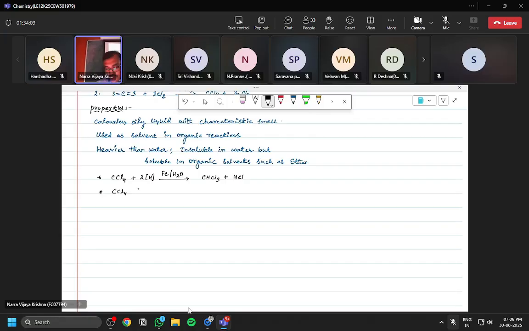CCl4 on strong heating forms COCl2, phosgene.